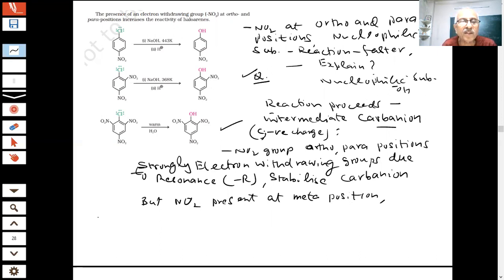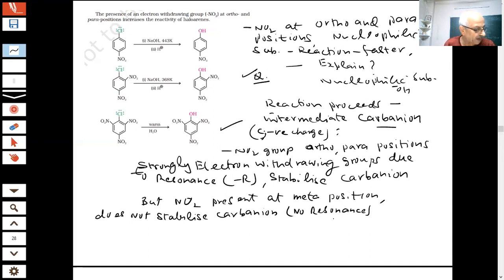It does not stabilize the carbanion, because no resonance takes place, and therefore no effect on reactivity is observed. Important question, students.